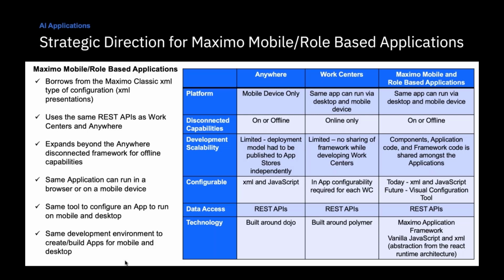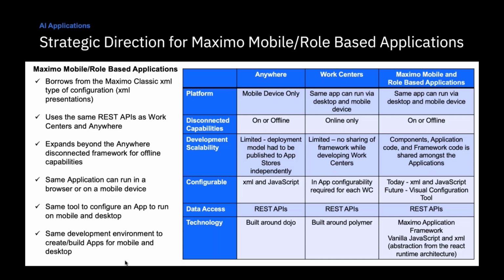A lot of our Maximo Mobile and role-based applications, we are borrowing a lot from Maximo Classic. Maximo Classic are those classic applications: work order tracking, asset, location, inventory. Those are our classic Maximo applications that we have out there, and they're all XML presentation based. Some of this is a little technical, but bear with me as I work through the technical aspects of why we're moving towards Maximo Mobile and role-based applications.